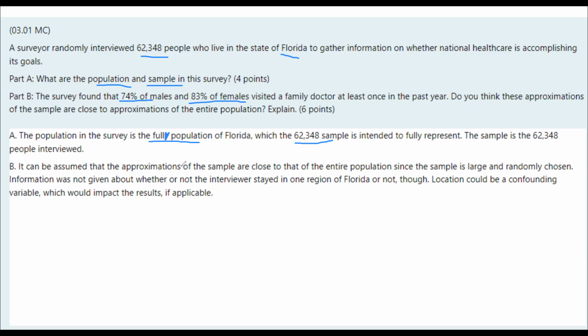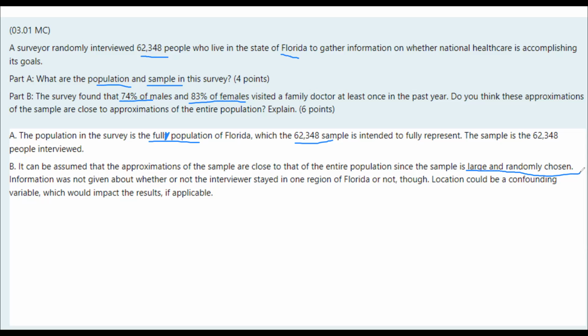It can be assumed that the approximations of the sample are close to that of the entire population, since the sample is large and randomly chosen. Had it not been, then it wouldn't be. Information was not given about whether the interviewer stayed in one region of Florida or not, though. Location could be a confounding variable, which would impact the results if applicable.